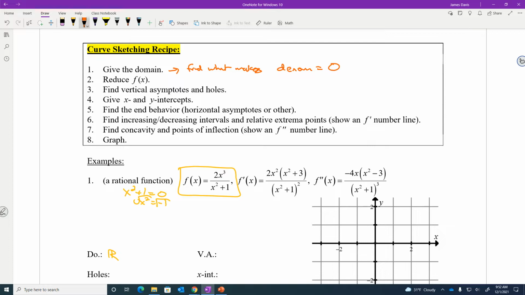So zeros of the denominator for a vertical asymptote. But how do we know if it's a hole? It also makes the numerator zero. Right. So a hole is zero in both.